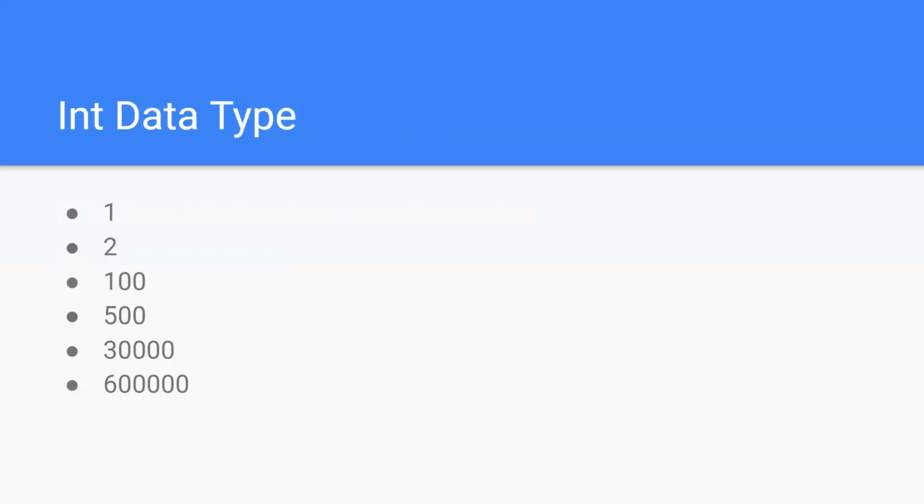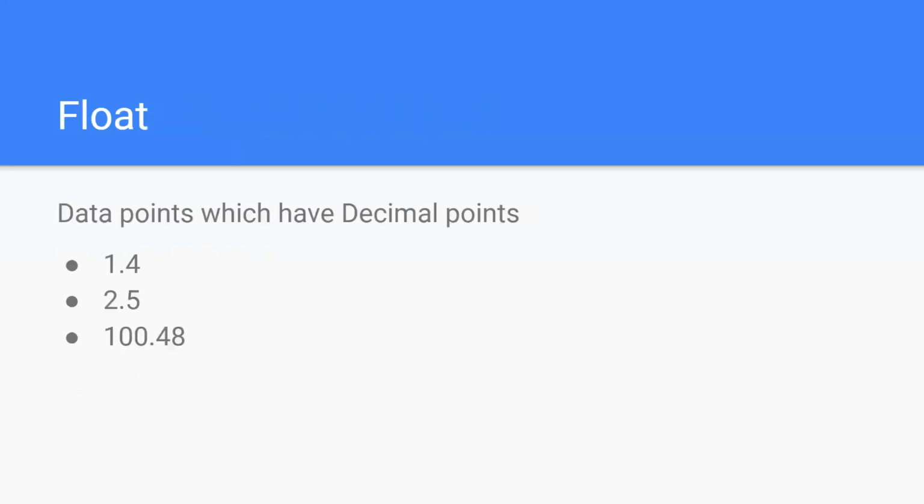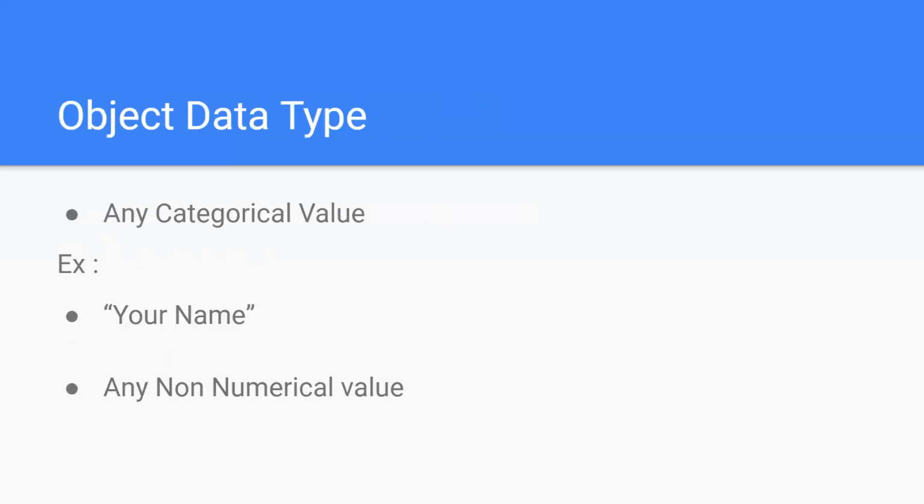So this is an integer data type. You know, right? Do I need to explain? Floating points. Object type. Do you know about object data types? Any non-numerical value, strings also.